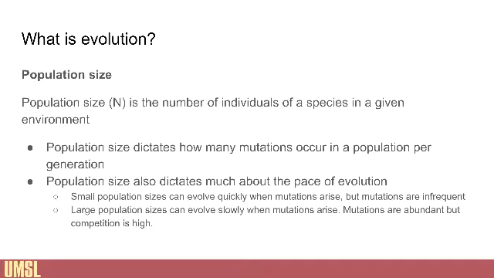So if we think about the story of Salmonella, when you ingest Salmonella in contaminated water, there might be 1,000, 10,000 bacteria in that half liter of water that you drank. Under those conditions, we're talking about very small population sizes.